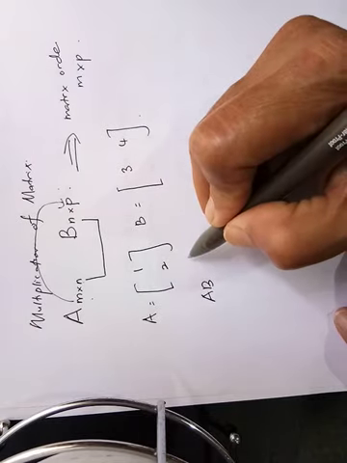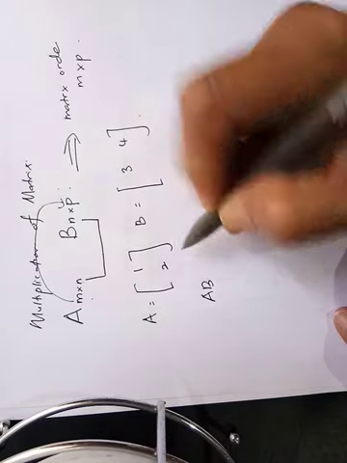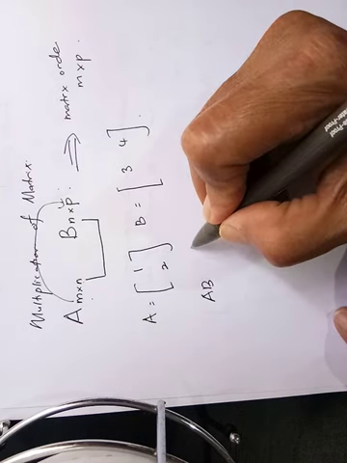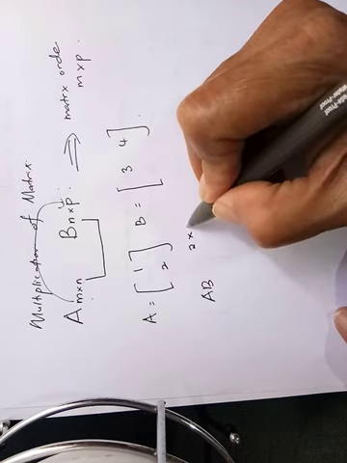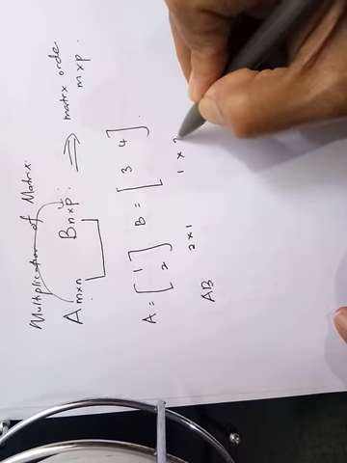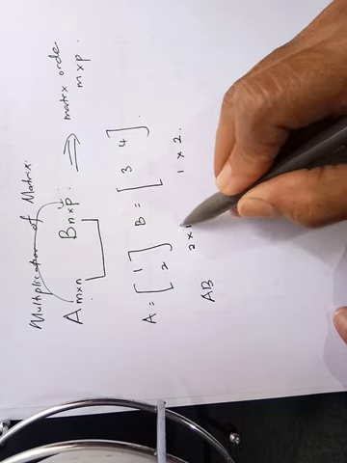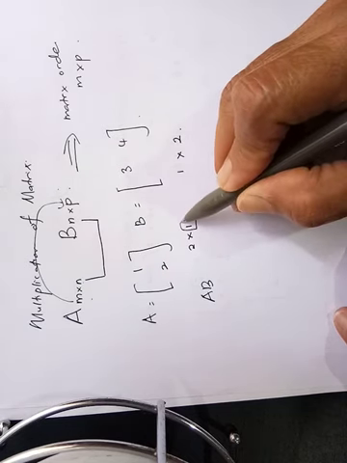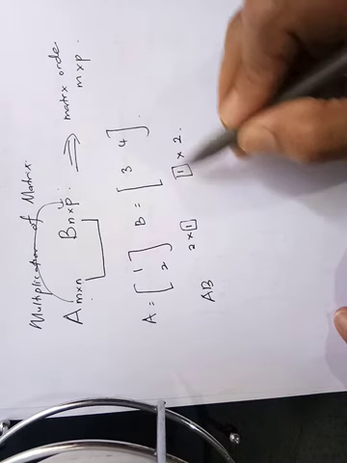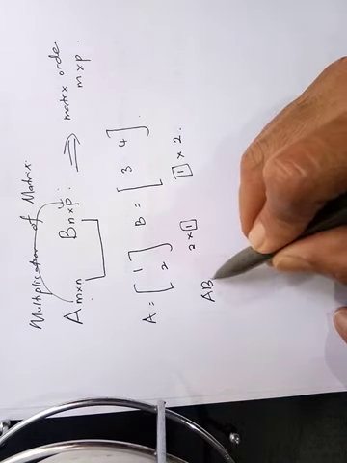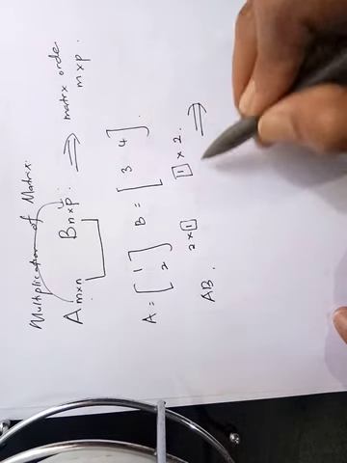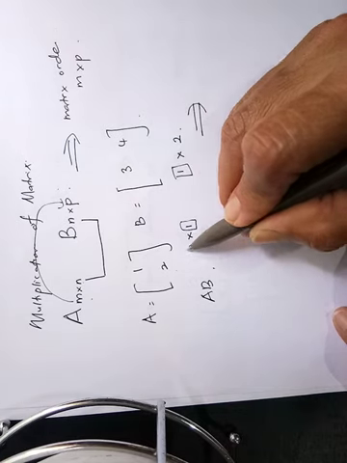Order of A: the number of rows is 2, the number of columns is 1. Here the number of rows is 1 and the number of columns is 2. So the number of columns in the first matrix equals the number of rows in the second matrix. Therefore, we can perform AB. So the answer must be a matrix of order 2 times 2.